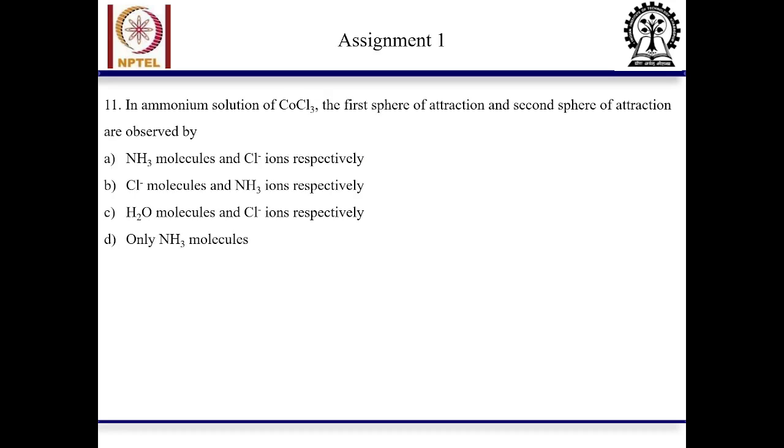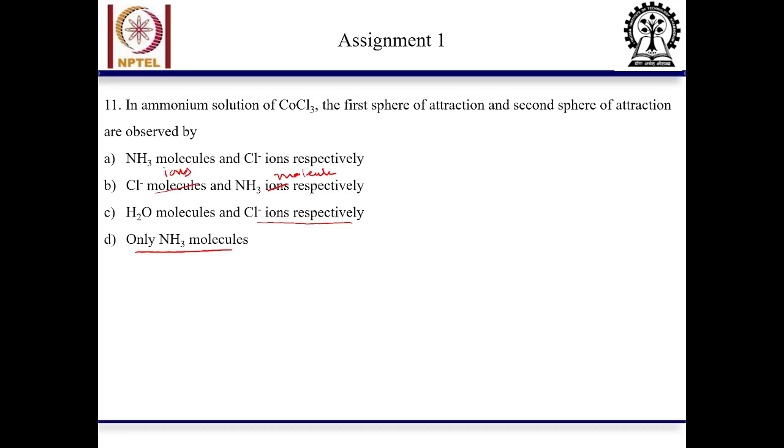Let's go to question number 11. In ammonium solution of cobalt chloride, the first sphere of attraction and second sphere of attraction are occupied by ammonia molecule and Cl minus ion respectively; Cl minus ion and ammonia molecule, this is not ion, molecule respectively; water molecule and Cl minus ion respectively; or only ammonia molecule, this is ion.